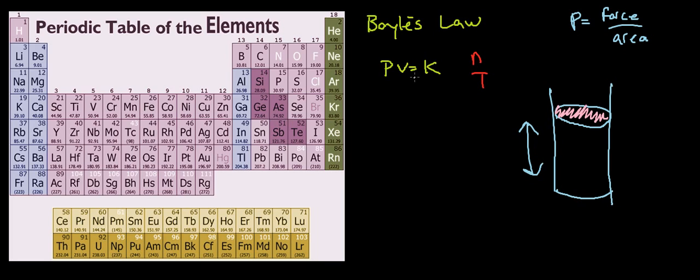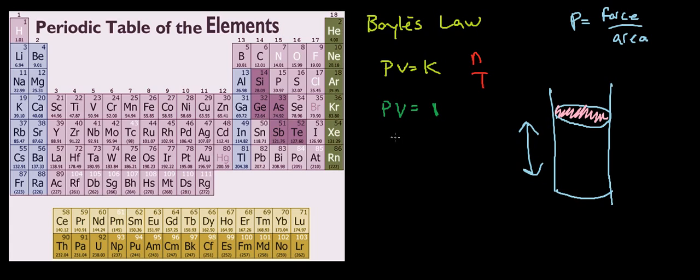For example, just to show how this would work, suppose I have some pressure P, some volume V, and I know that it's equal to a constant. And for argument's sake, let me just say the constant is just 1. It could be anything. It all depends on the temperature and the number of particles.